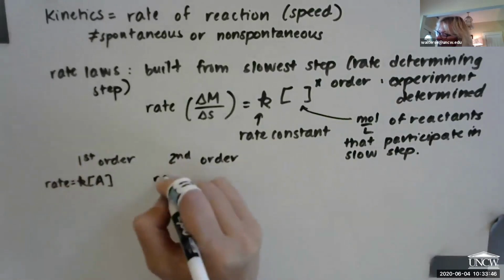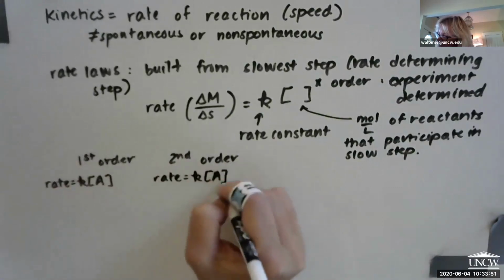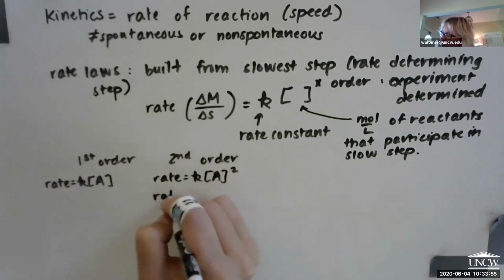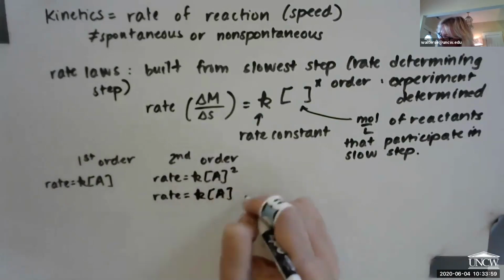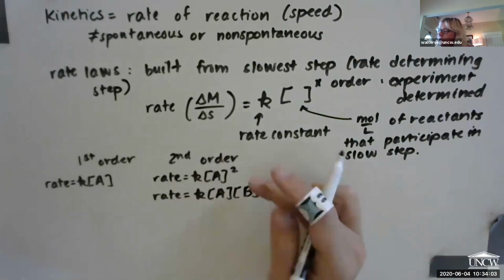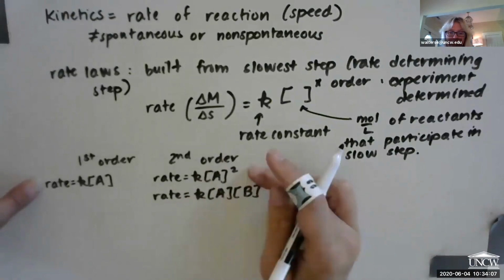Second order reactions are either rate equals k[A] raised to the second power, or rate equals k[A] times [B]. You mostly saw rate equals k[A] or rate equals k[A] squared in general chemistry.